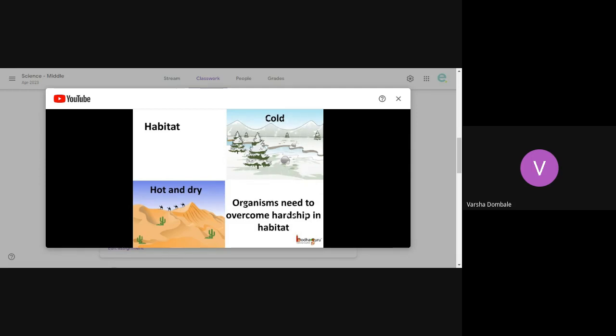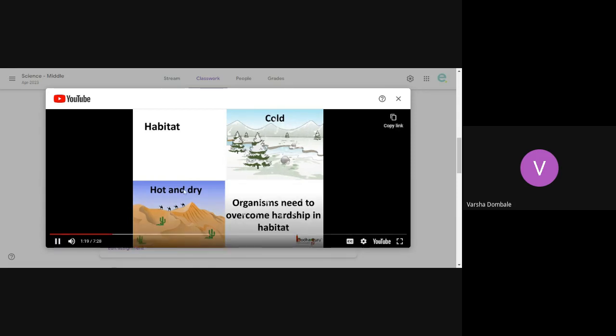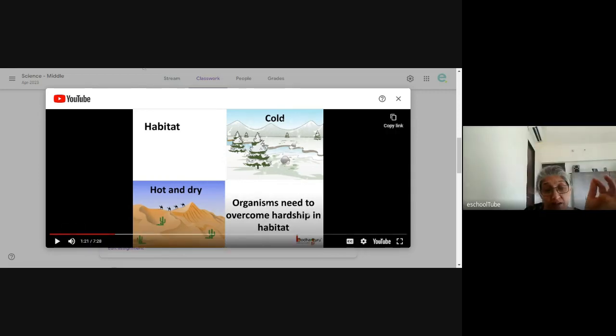On the other side, organisms in the mountain and polar habitat face freezing temperatures. Besides this, there may be many other challenges or threats an organism faces, like limited food, shortage of water, predators, etc.